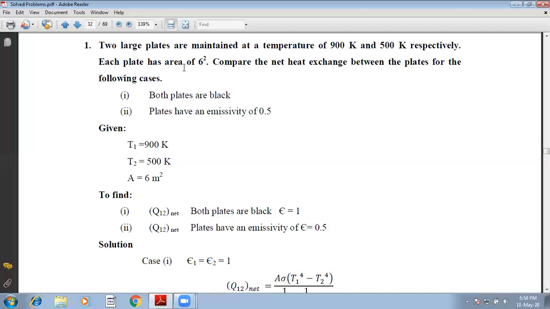Each plate has an area of 6 meters square. There is a small correction here. It is 6 meters square. Compare the net heat exchange between the plates for the following cases. In the first case, you need to consider both the plates are black. In the second case, you need to consider the plates are having an emissivity of 0.5.